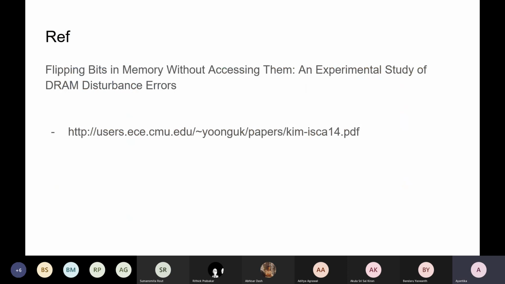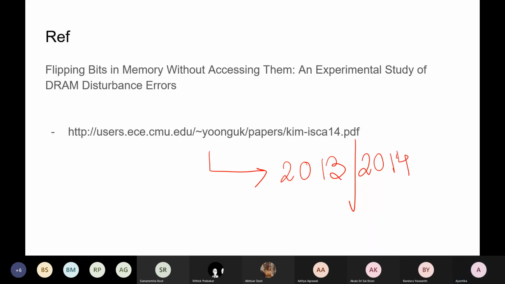What we are going to talk about today, flipping of bits in memory without accessing them, came into the picture around 2013, 14, with prominent implementations after 15 or so. So this is comparatively a new attack.